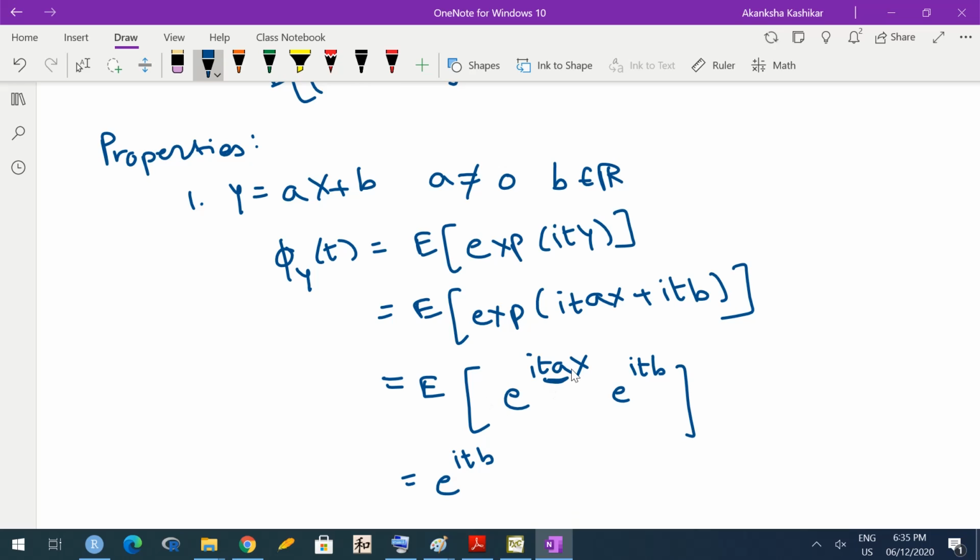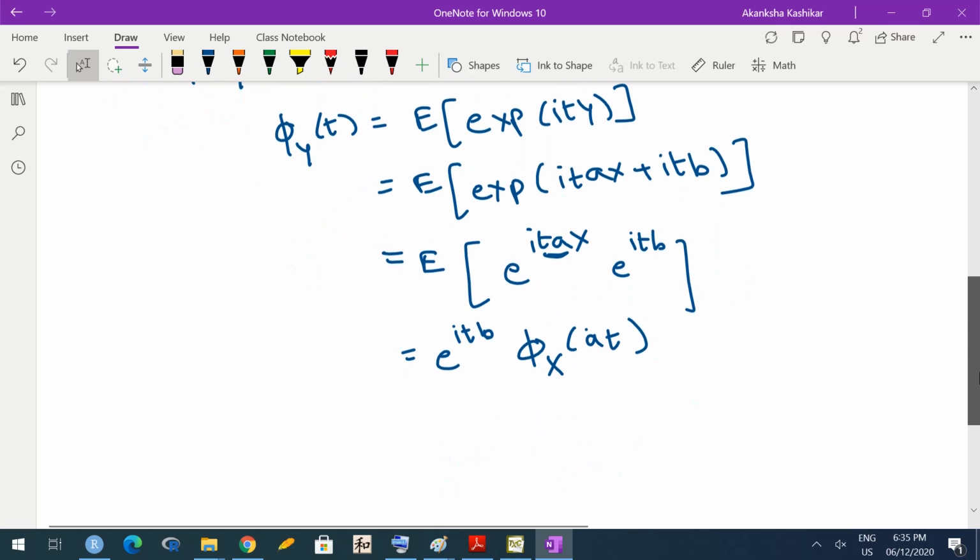So it is phi X at ta. So phi Y(t) becomes e raised to itb times phi X at ta.